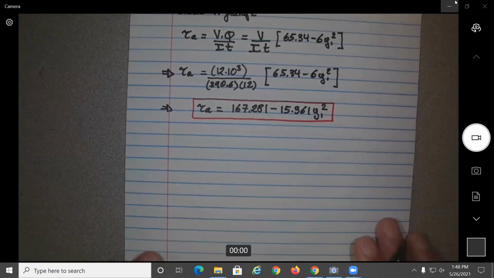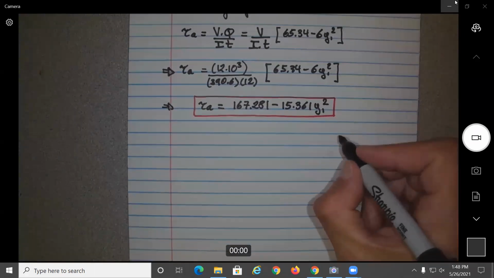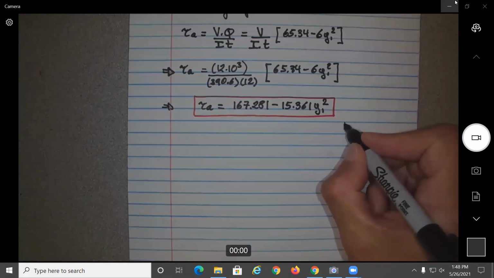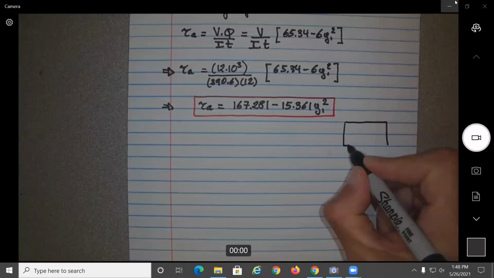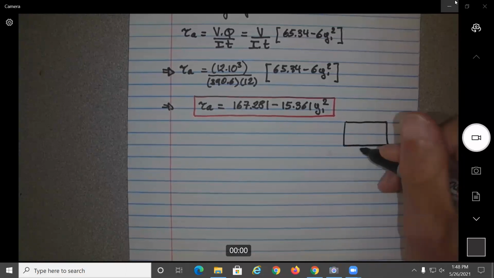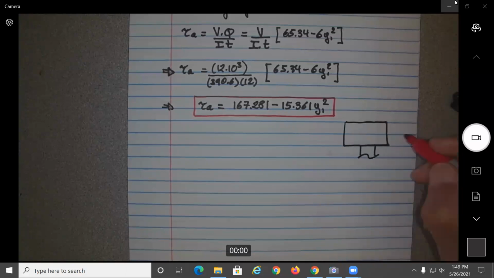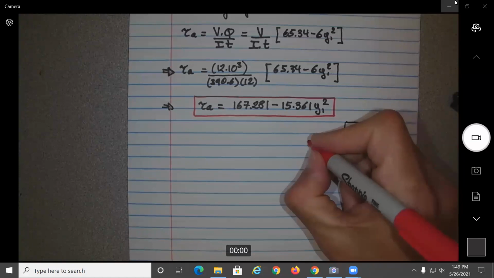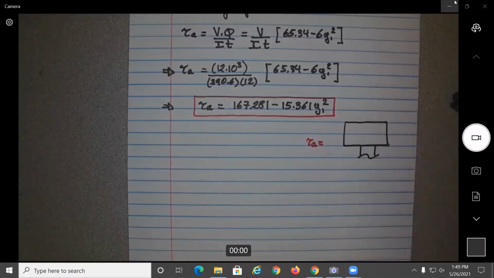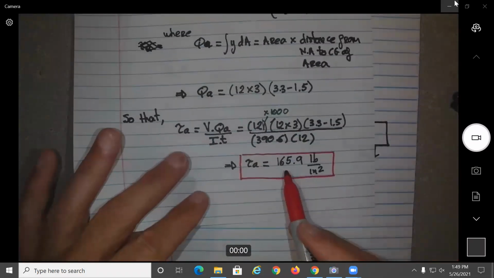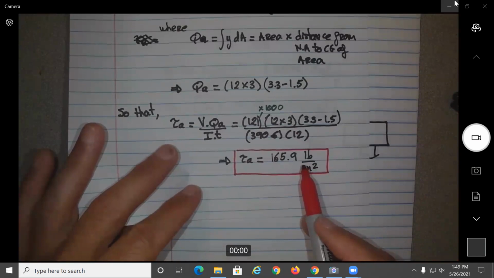Okay, so let's do another very quick check. Not gonna hurt. Previously, what did we find here for tau of A? We said that it was equal to 165.9, no?